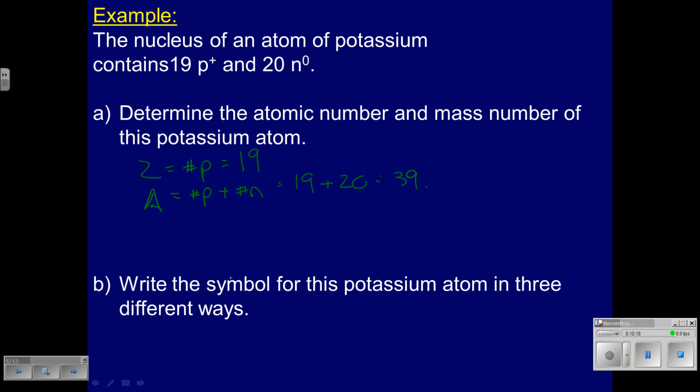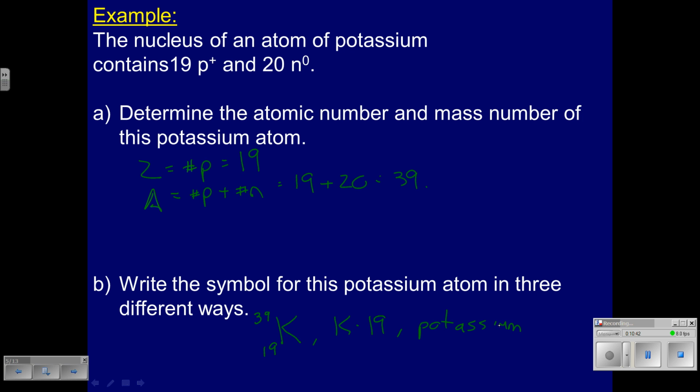Write the symbol for this potassium atom in three different ways. The first one: potassium, with the mass number, 39, the big number on the top, and the little number on the bottom, 19. It could be written as K-39, or it could be written as the name, potassium.